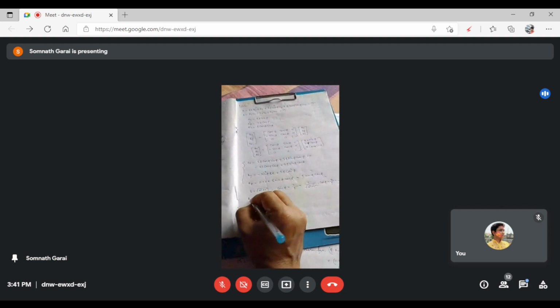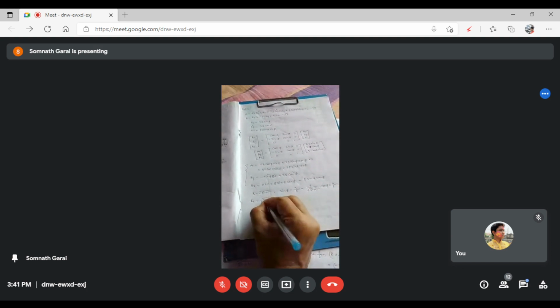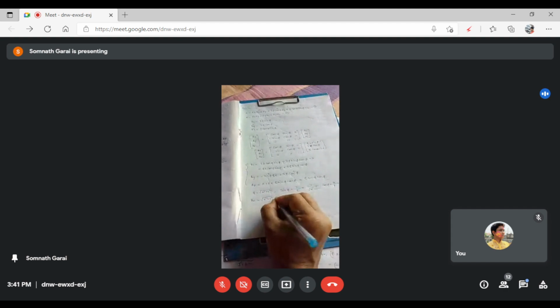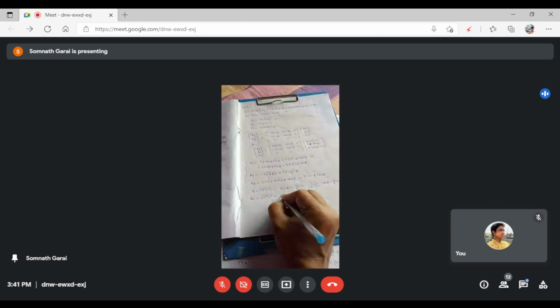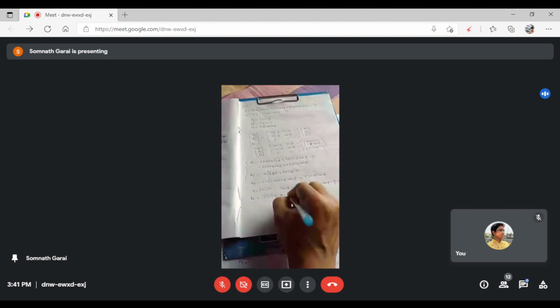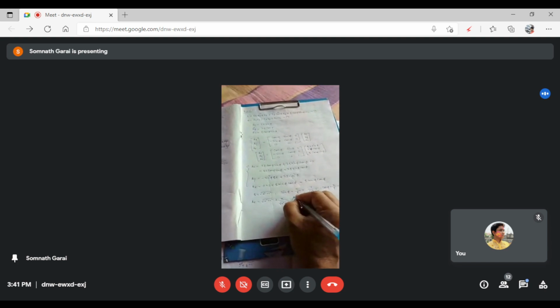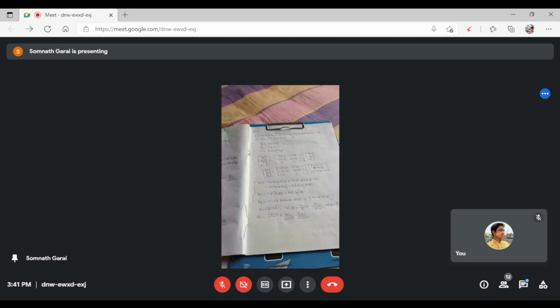So ax will be rho's value, root over x square plus y square, into z, into cos phi, which is x by root over x square plus y square, into sin phi, which is y by root over x square plus y square.